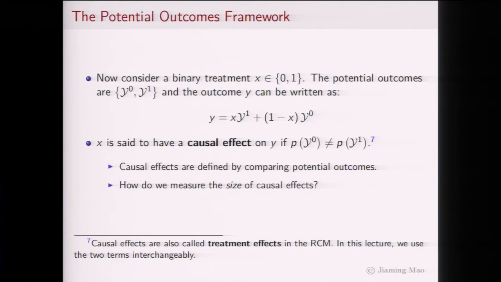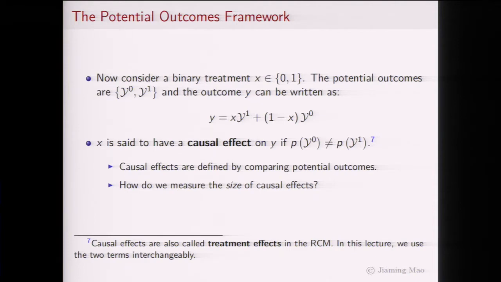So it is defined in the Rubin causal model as the distribution of yi1 and the distribution of yi0. So in other words, these are potential outcomes. And the causal effect is defined in terms of potential outcomes.